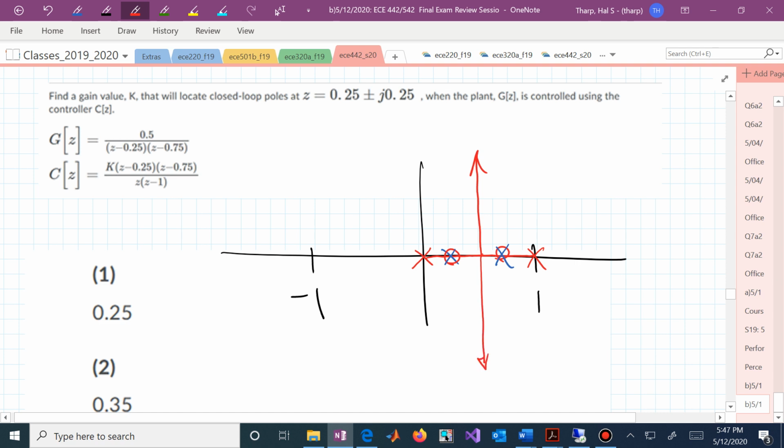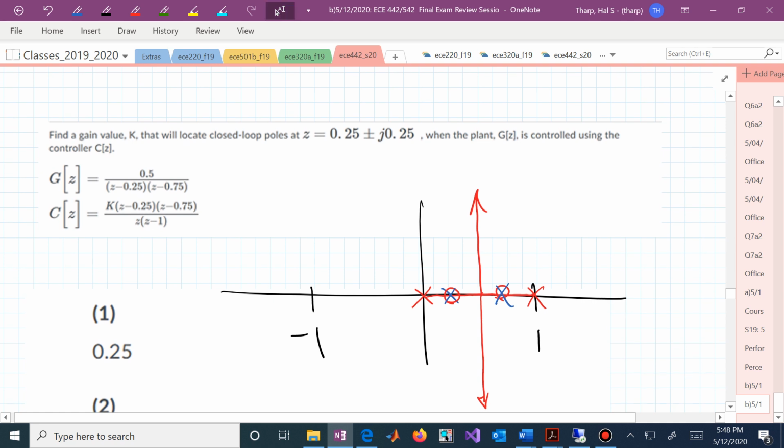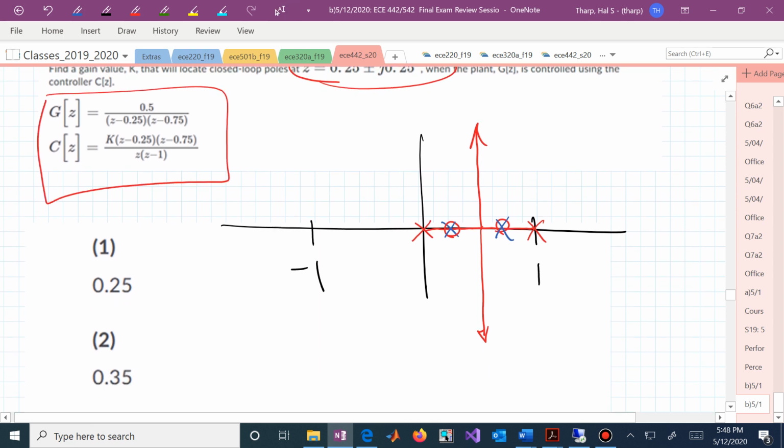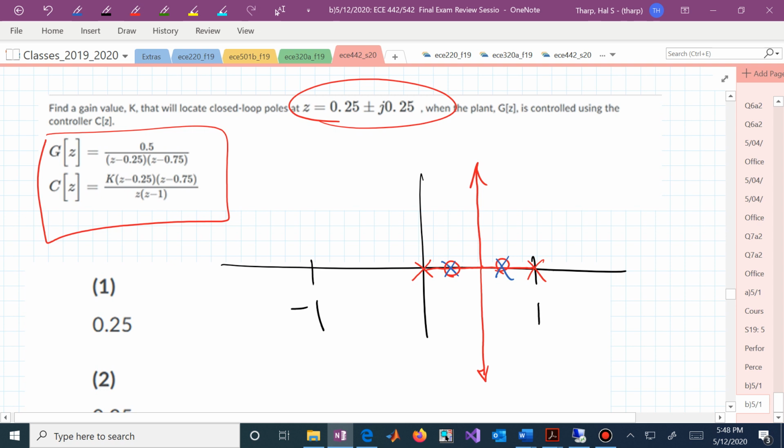This has a real part of 1/2. Wait a minute. We were being asked for a real part of 0.25. That's not even going to happen for this, so there's no K that will allow this controlled system to have closed loop poles at 0.25 plus and minus j 0.25.